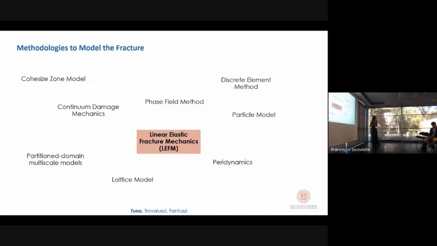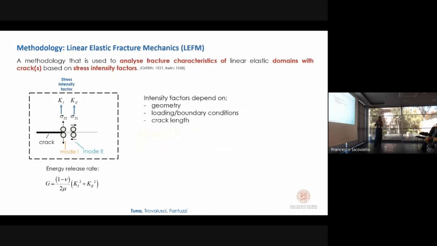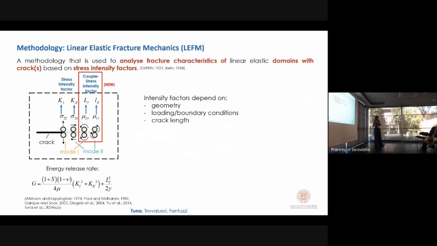As for the fracture characteristics, there are very many approaches, as you know. In this study, we use linear elastic fracture mechanics, and of course, this technique is also very well known by this community. But what is new for micropolar continuum is, because of the existence of microrotations, we now also have couple stress intensity factors.